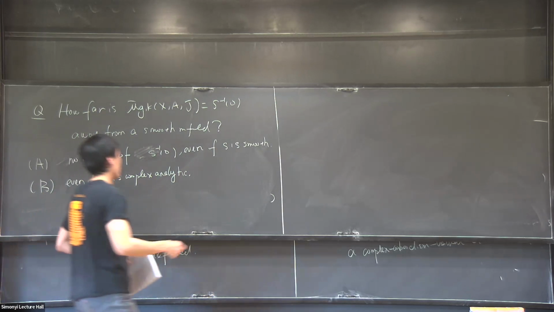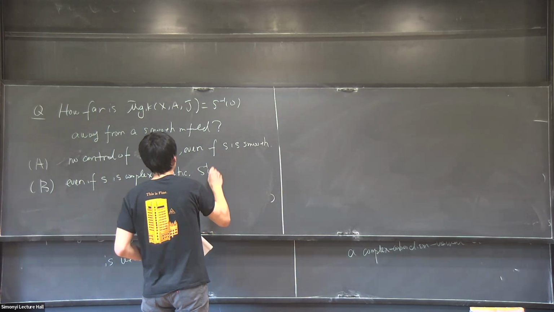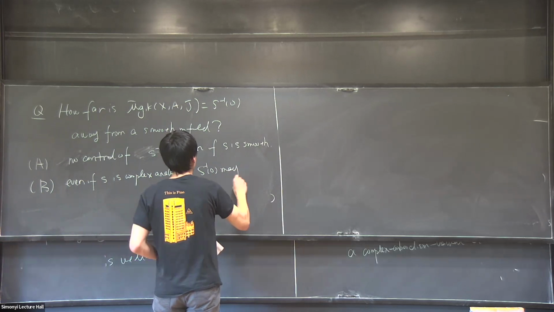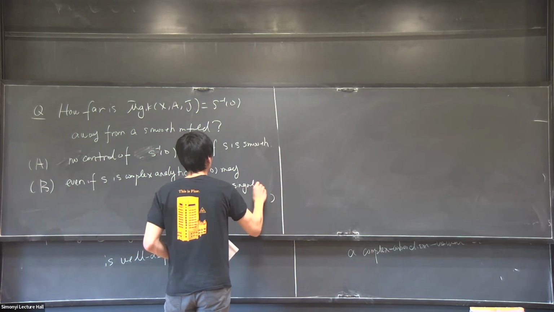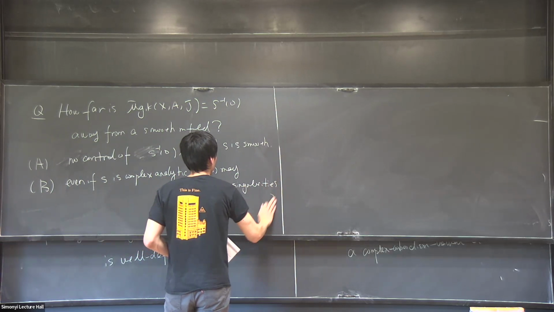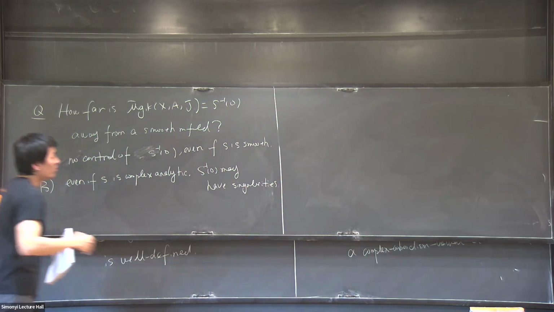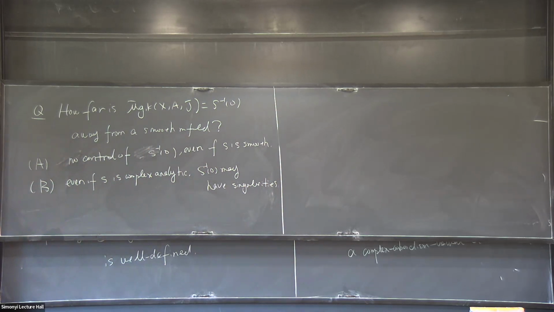So the zero locus may have singularities, although it's slightly better than the previous situation because they are algebraic or complex analytic singularities.